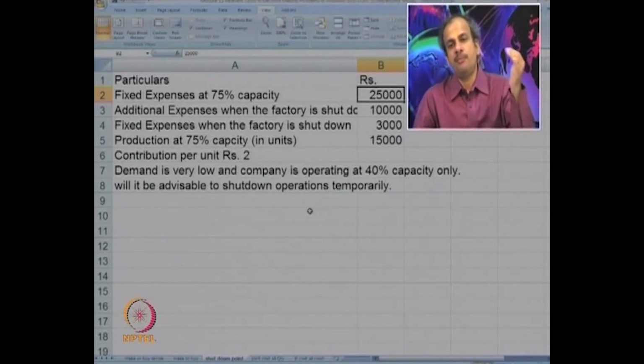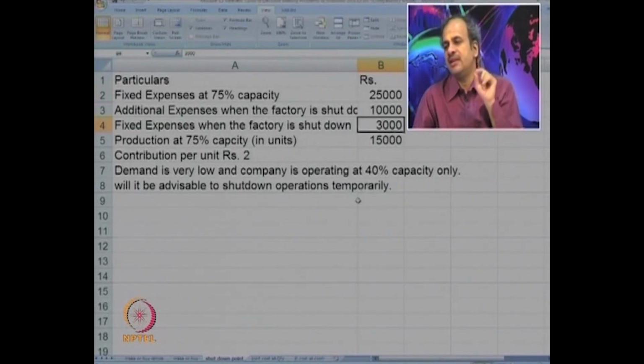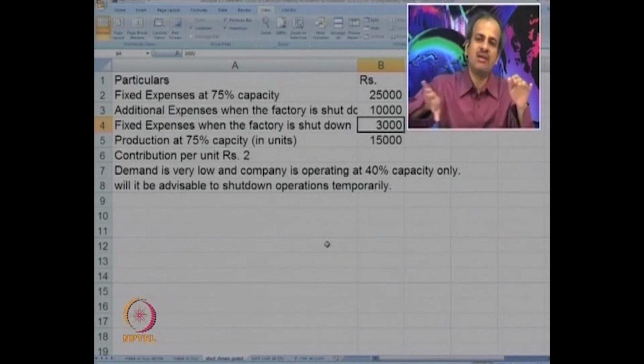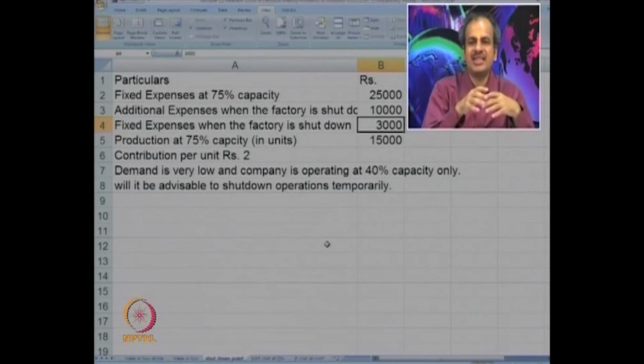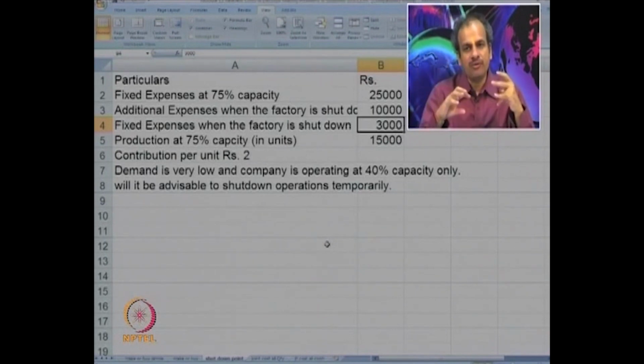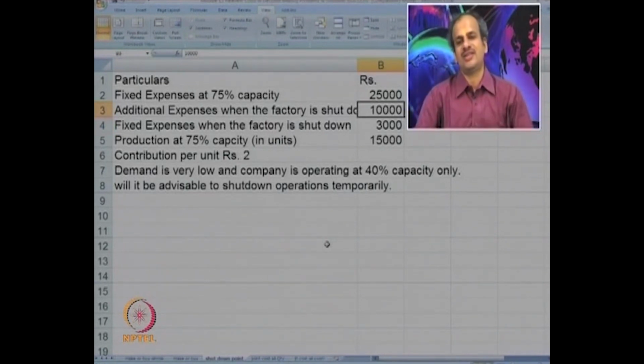But if we completely close down the facility for a temporary time, then the fixed cost will come down to just 3,000, because we may transfer our fixed employees, we may close down our power facility, we may close down some extra costs which are incurred on cleaning of the plant, the time of the manager, etc. will get saved. But we have to incur some extra fixed costs which are to the tune of 10,000.